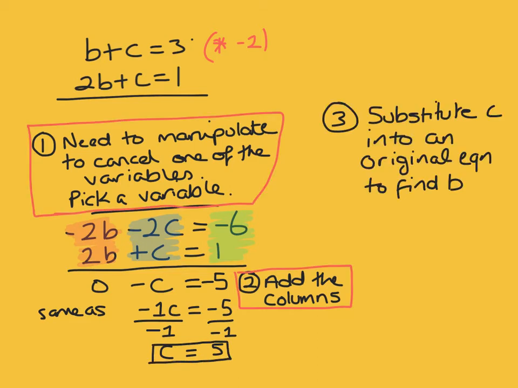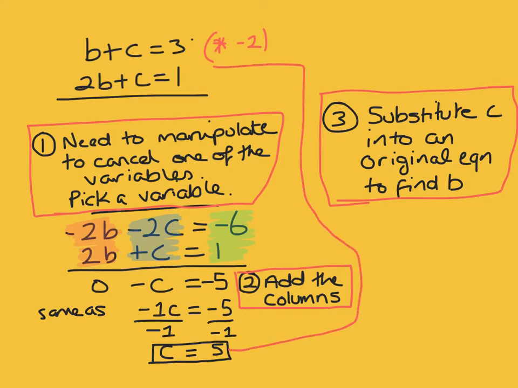So the next step then is to substitute c into an original equation to find b. When I'm talking about an original equation, I'm talking about one of these guys here, either that one or this one, and I only need to sub into one of those. So I'm just going to sub it into the top one.